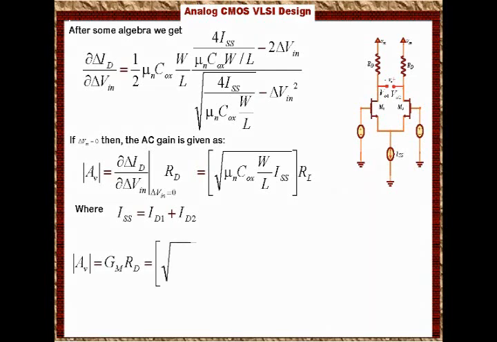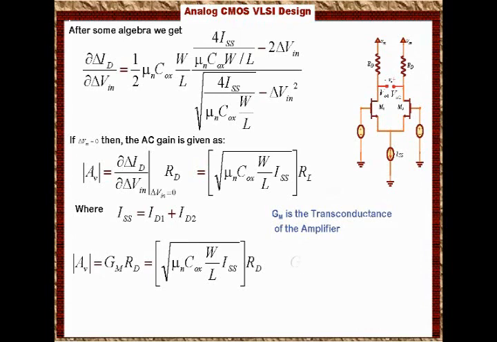That is basically the square root of mu n COX W over L times ISS times Rd, where the transconductance of the amplifier, Gm, is equal to the square root of mu n COX W over L times ISS.